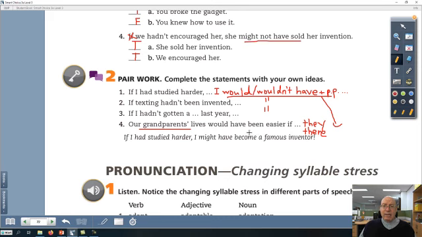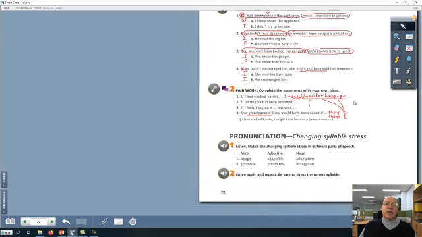Our grandparents' lives would have been easier if there hadn't been a war, or if there had been more schools, or if there had been the internet. So we can change that up a little bit and consider our grandparents' lives instead of just my life. So consider these instances where we're using the third conditional.